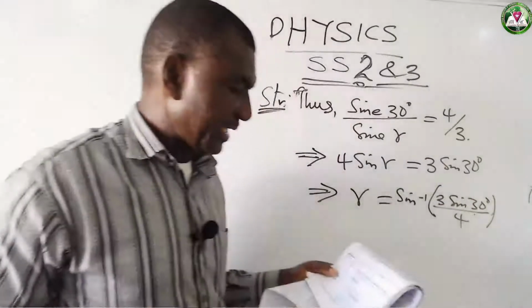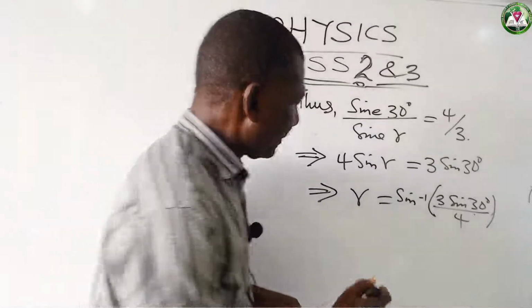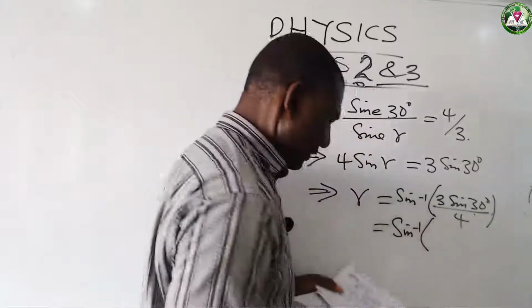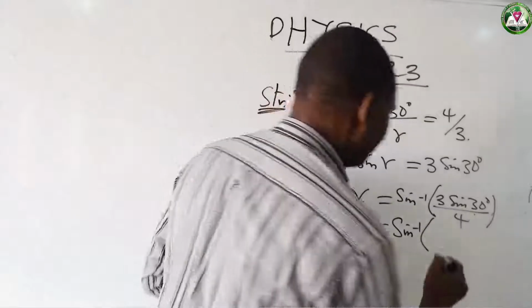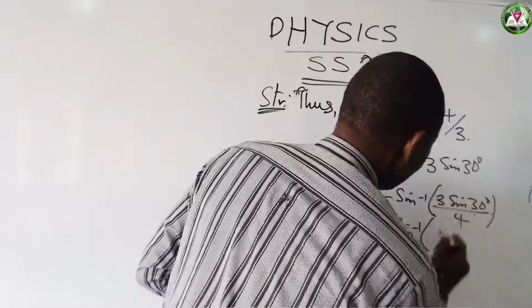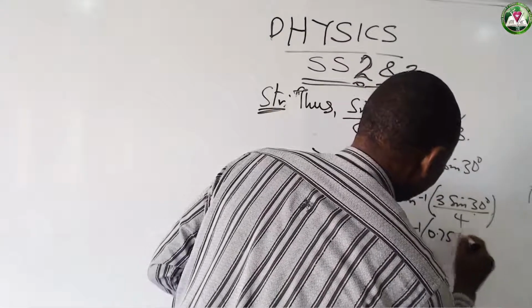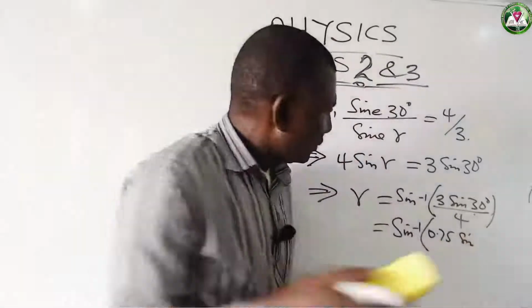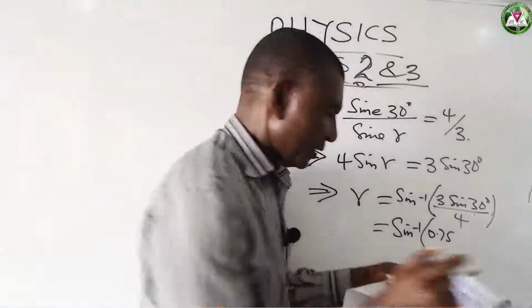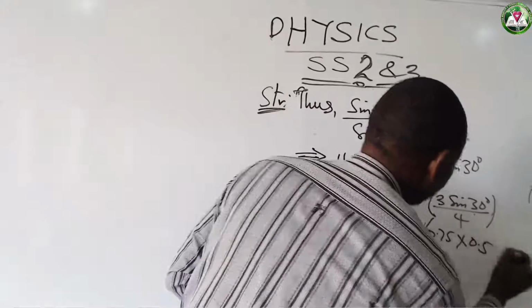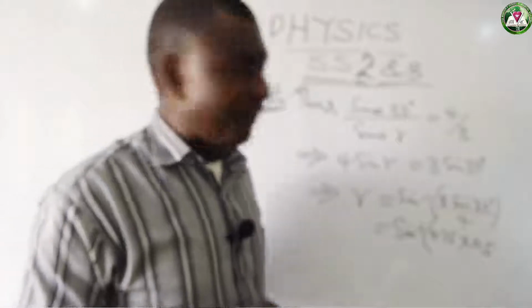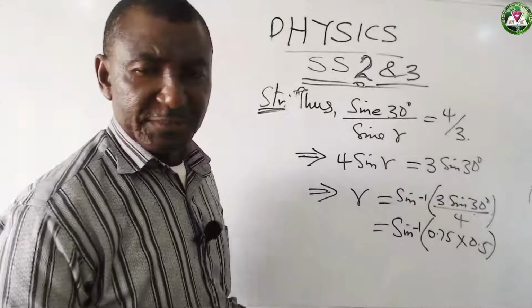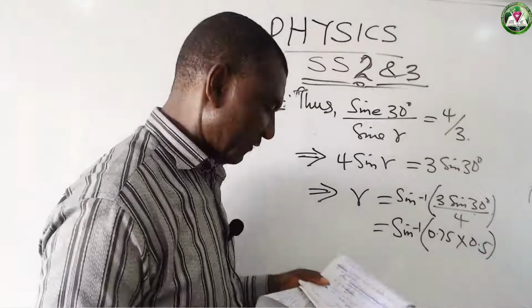If you divide, 3/4 will give you 0.75, and then sine 30 degrees will give you 0.5, which is half. So multiply 0.75 by 0.5.